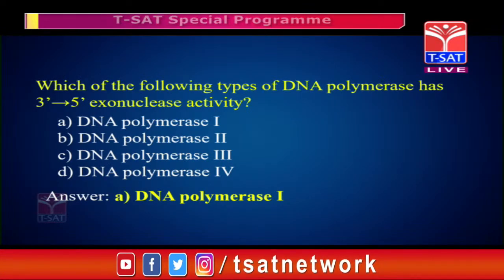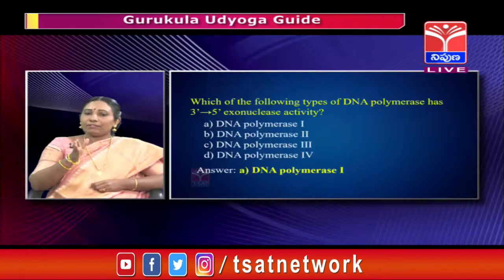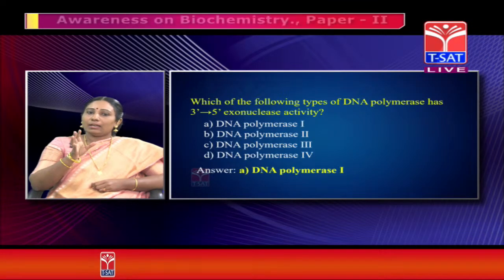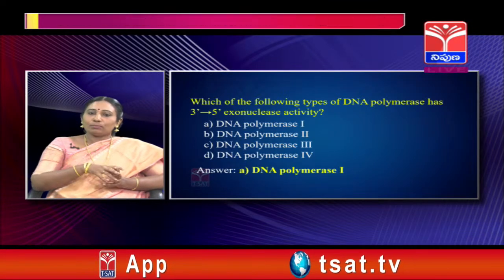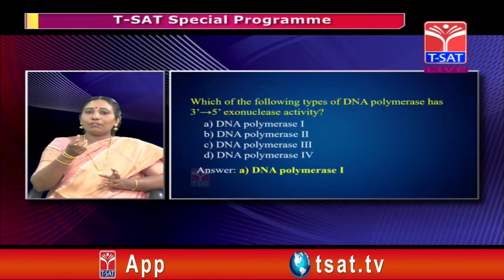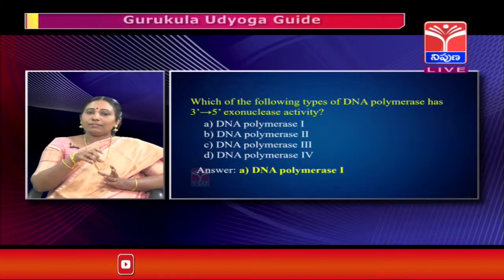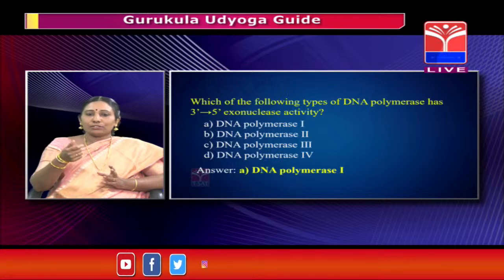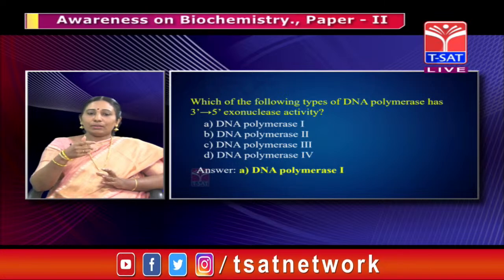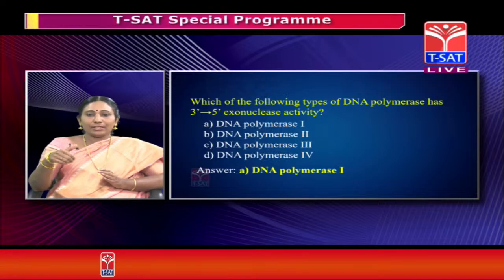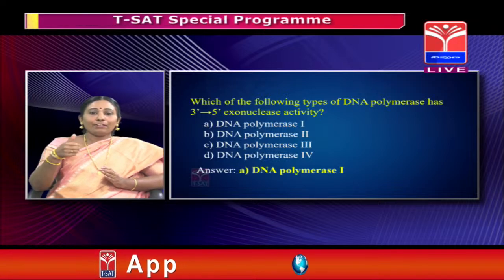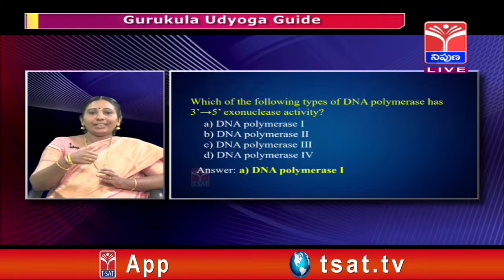Now, we need to know the functions of every polymerase, its structural subunits, what it is made up of, and the function of every subunit, so that we will know that one of the subunits has exonuclease activity, one of the polymerases has proofreading activity, and in which direction, 3' to 5' or 5' to 3'. These are very tricky questions.